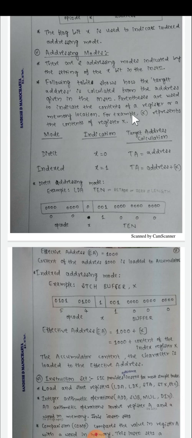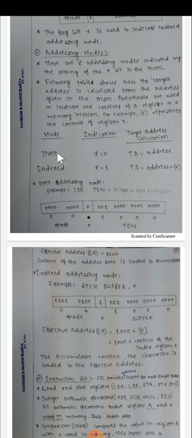For example, (X) represents the contents of register X. The first mode is direct addressing mode, indicated by X equal to 0, and the target address is equal to the address. Simply, whatever the address was there, the same address will be the target address. We will study what is target address, don't worry.